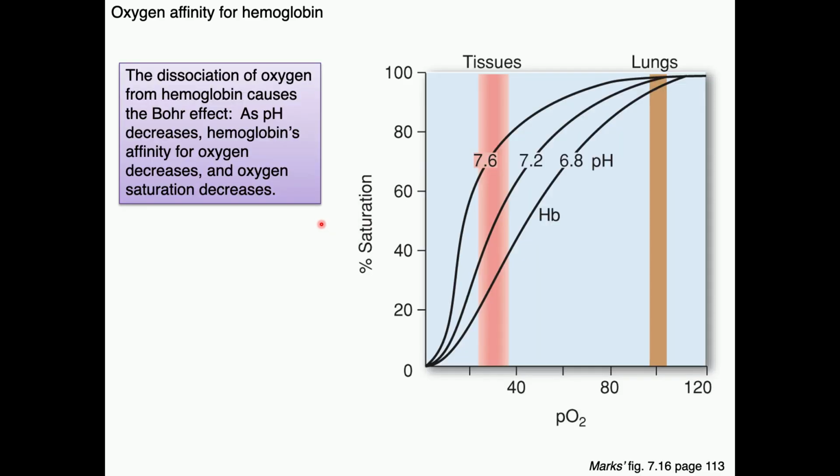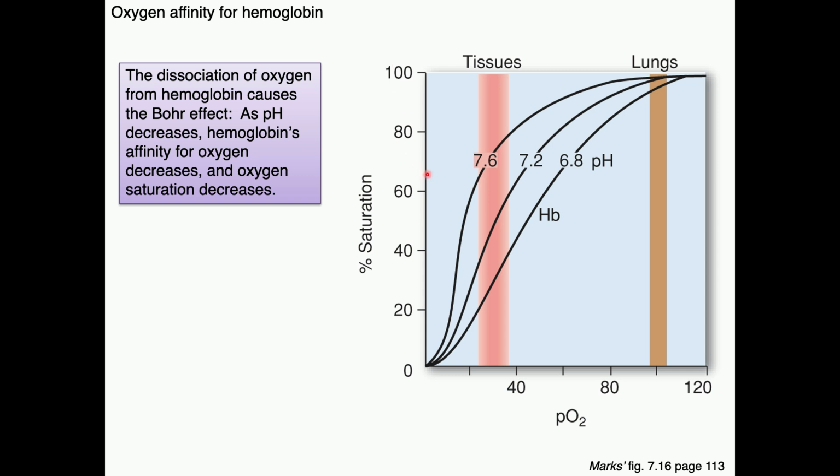I'll talk about these one by one. The first is the Bohr effect, and this graph is pretty important that you know how to interpret. This is a graph showing the fractional saturation of hemoglobin with oxygen at different concentrations of oxygen. If you have a very high concentration of oxygen, then 100% of your hemoglobin is going to be bound with oxygen.